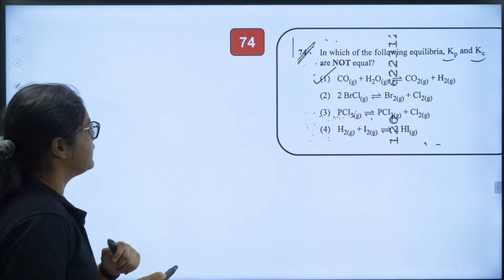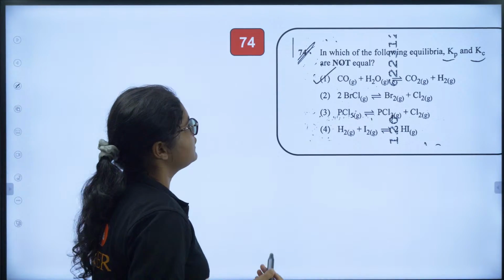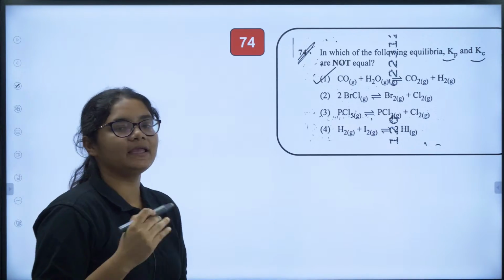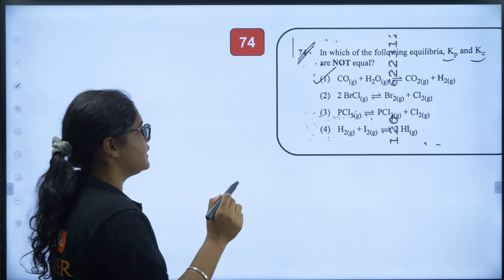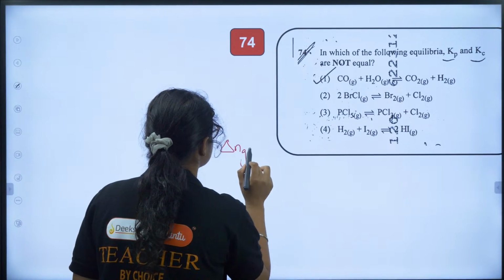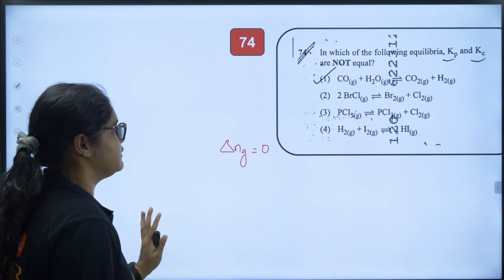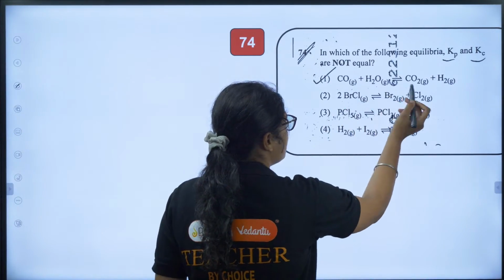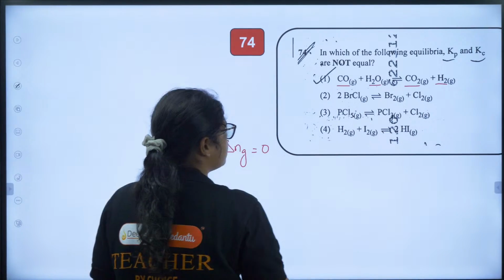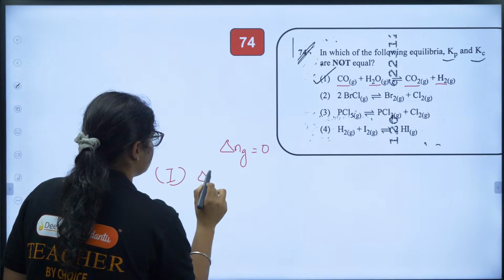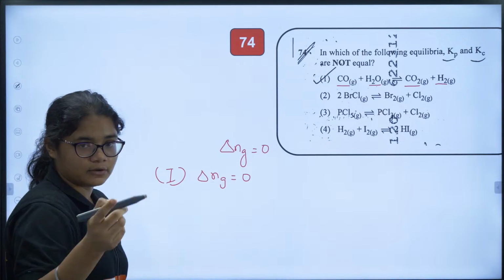Okay, now next one, in which of the following equilibria Kp and Kc are not equal. Kp and Kc will be equal if delta ng is equal to 0. So you can see here 2 moles are there, here also 2 moles are there. For option number 1, delta ng is equal to 0, so Kp will be equal to Kc.